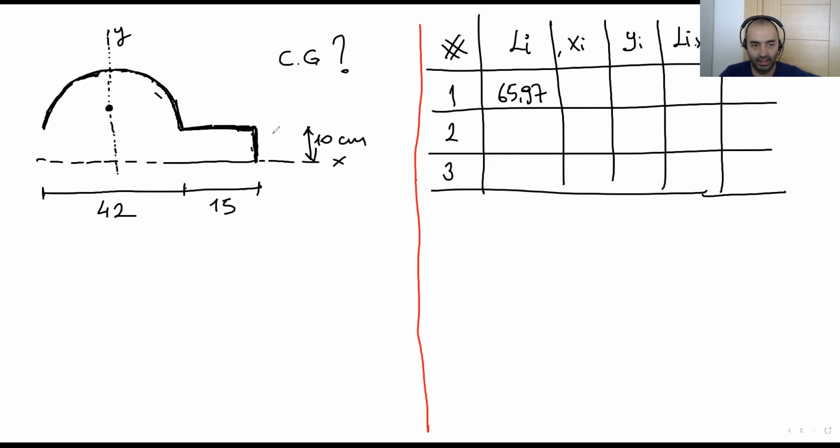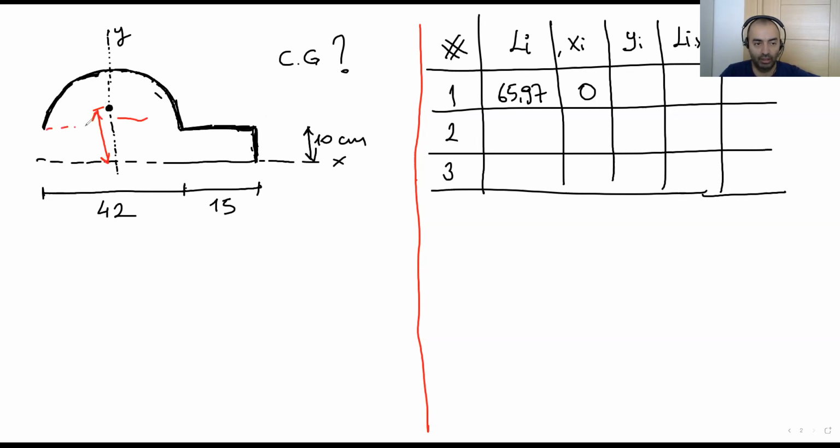The distance in x direction is 0 because I'm on the y-axis. Xi should be 0. But what is yi? Yi here. Yi is this.